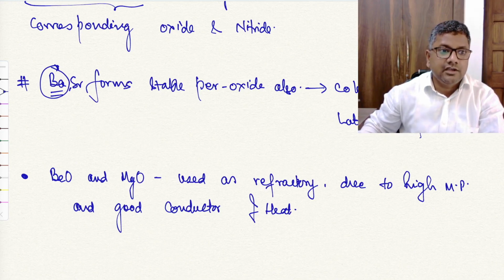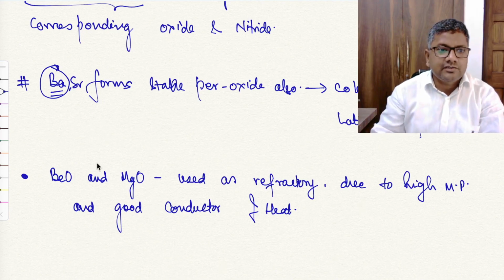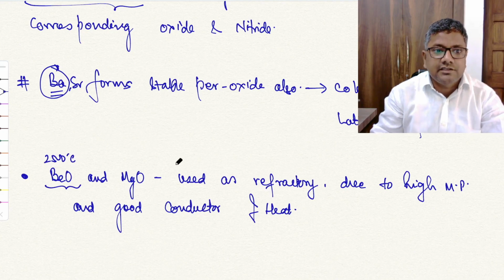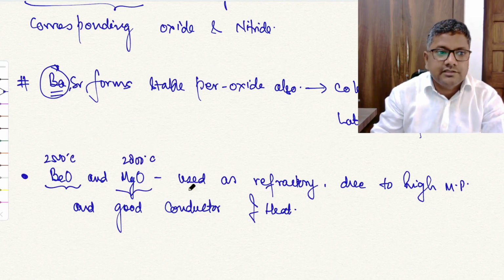Yes, beryllium oxide has a melting point of 2500 degrees Celsius, and magnesium oxide has 2800 degrees Celsius, right?